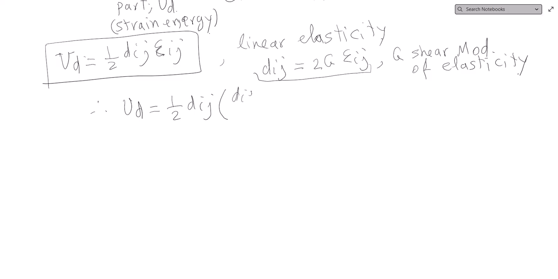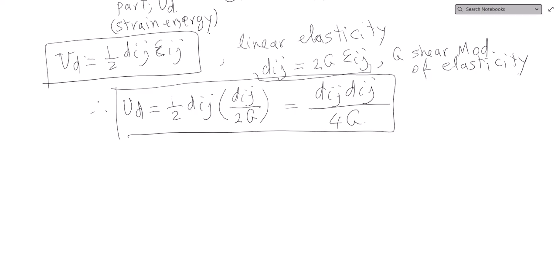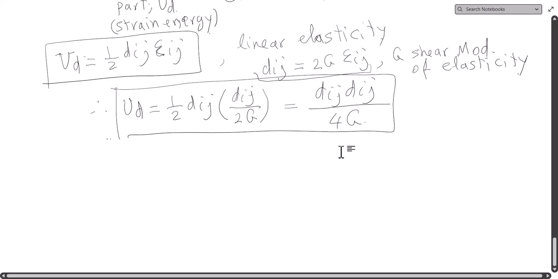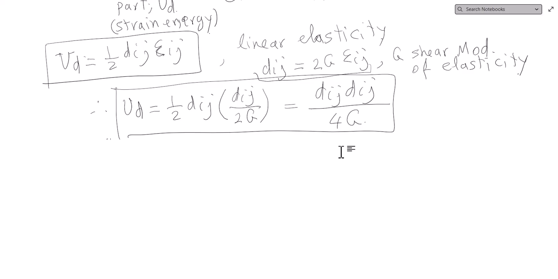I use dij divided by 2g, which would be dij over 4g, assuming linear elasticity for the stress-strain relationship. Now we can expand here, but I will refer you to a reference at the end for the derivation, and that is the calculation of dij.